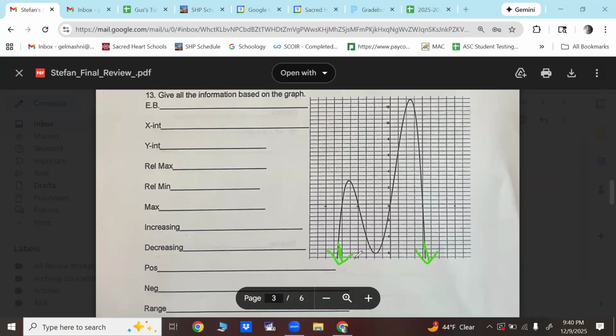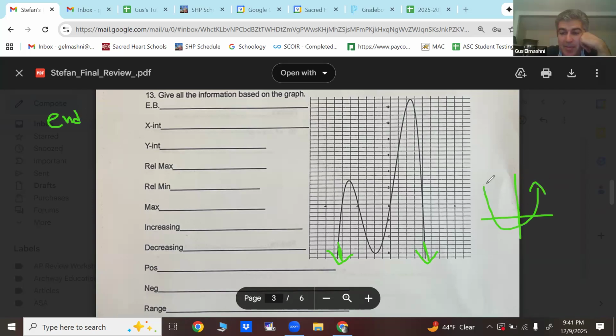Okay. The arrows are the middle of the graph or the ends of the graph? Ends. Okay, so it's end. And what do you think the B stands for? It's not bottom, because if something's going to be pointing up, right? You almost said it.